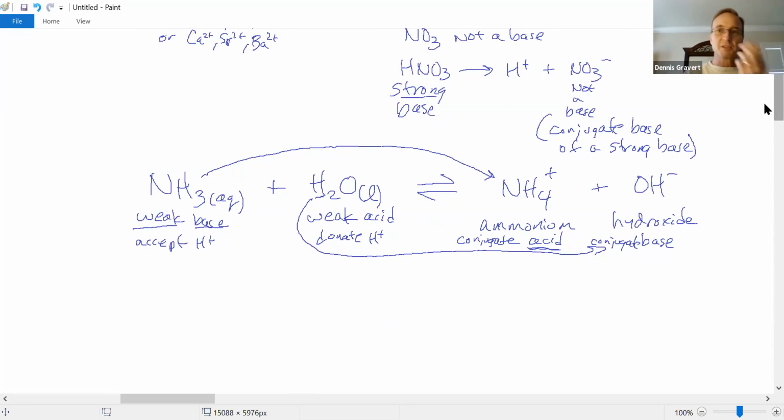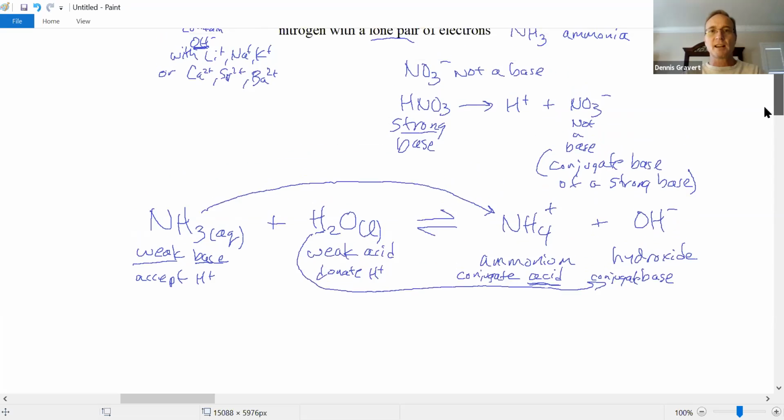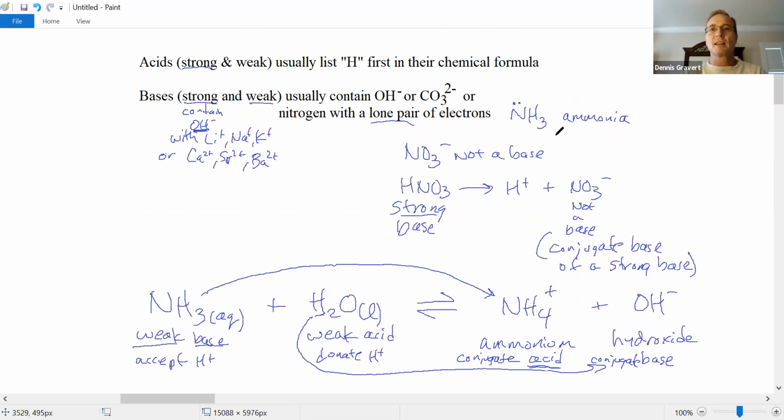Well, why don't we do all the bases? We had hydroxide ion, we got carbonate and ammonia. I went with ammonia first, just to give you some other ideas of some other bases containing nitrogen. A common tactic is that, hey, let's draw the Lewis dot structure over here. So here's ammonia, 3 H's.